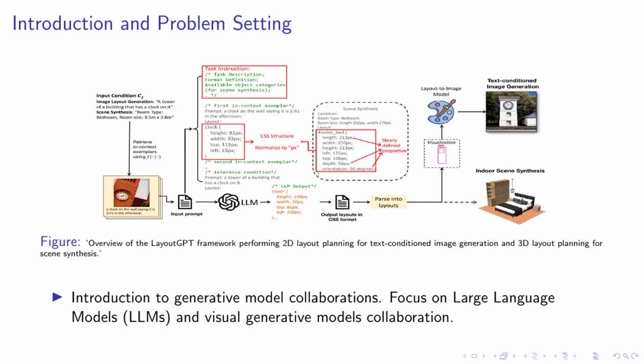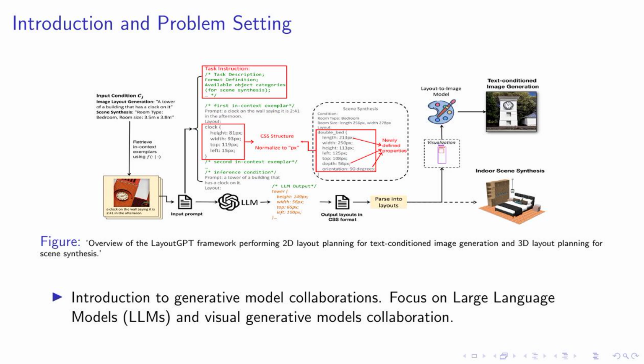As we delve into the realm of generative model collaborations, our focus sharpens on the interaction between large language models, or LLMs, and visual generative models. The image you see here provides an overview of the LayoutGPT framework.